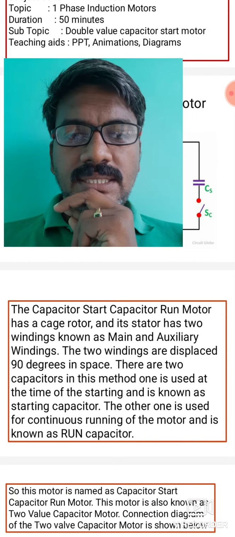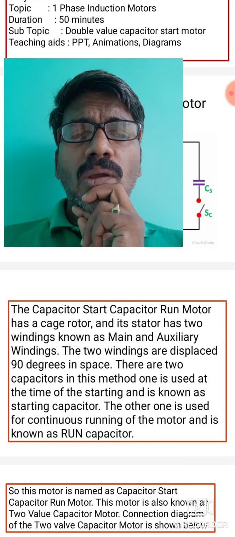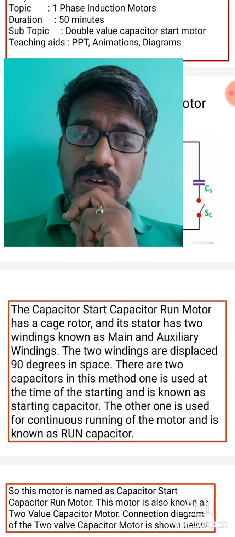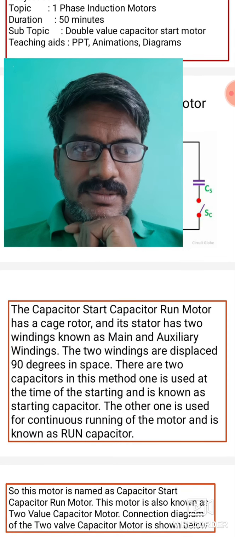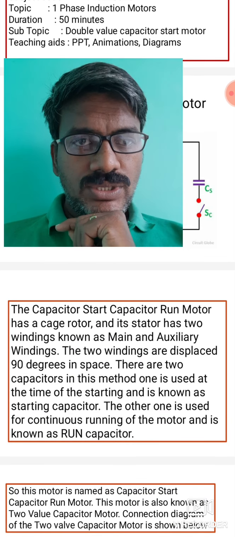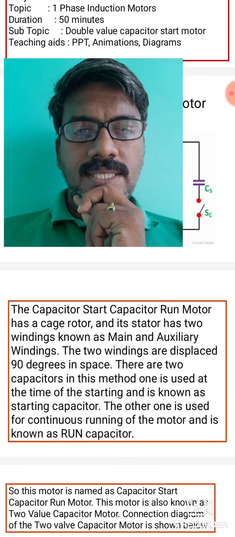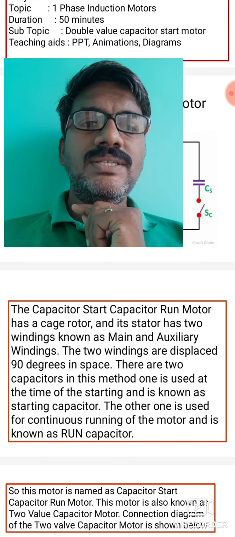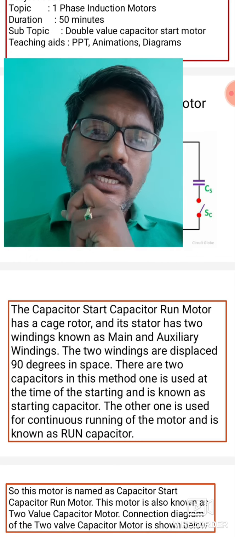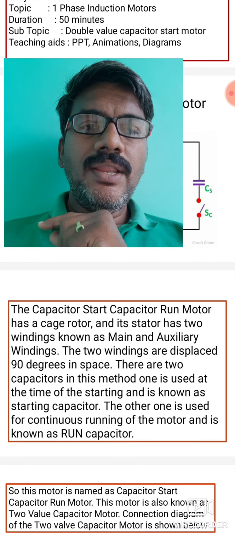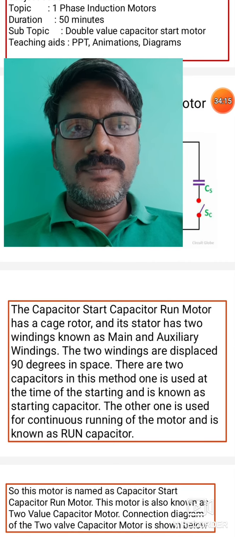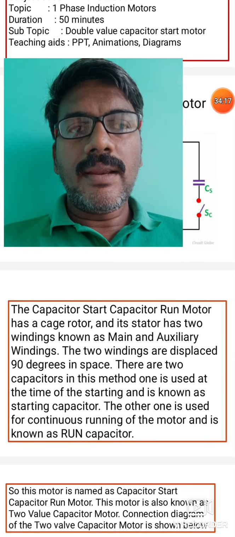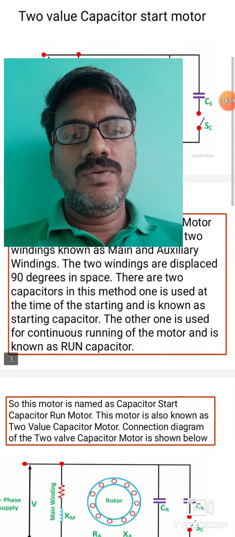There are two capacitors in this method. One is used at the time of starting and is known as the starting capacitor. The other one is used for continuous running of the motor and is known as the run capacitor.